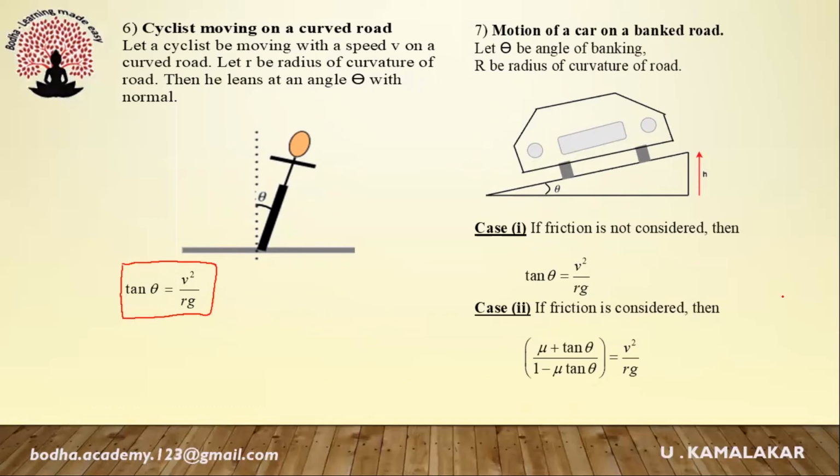If friction is not considered, then tan theta equals v square by rg, where theta is the angle of banking. If friction is considered, then (mu plus tan theta) divided by (1 minus mu tan theta) equals v square by rg.